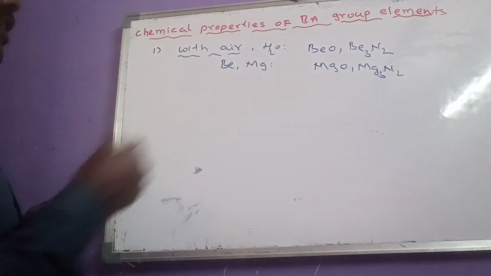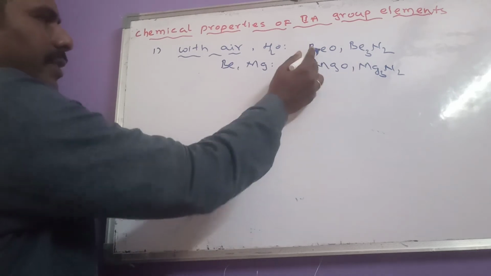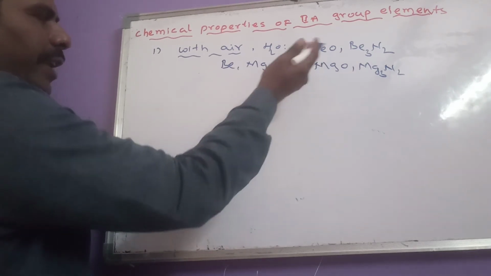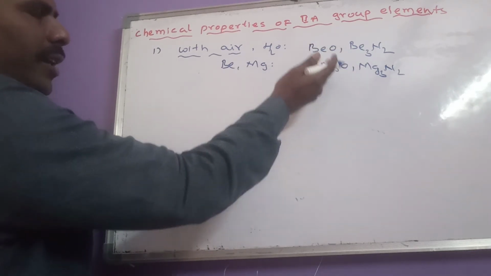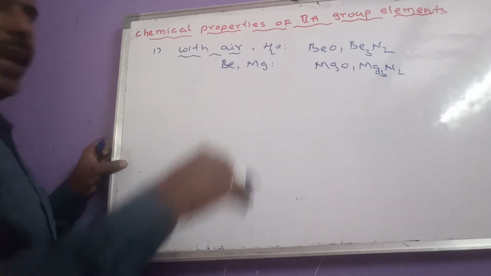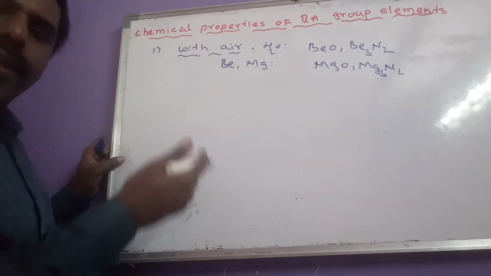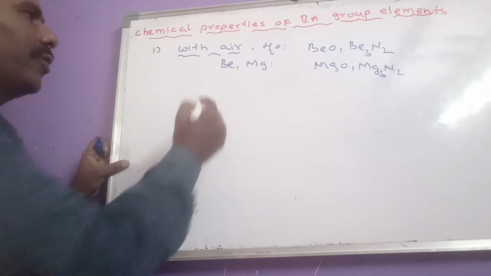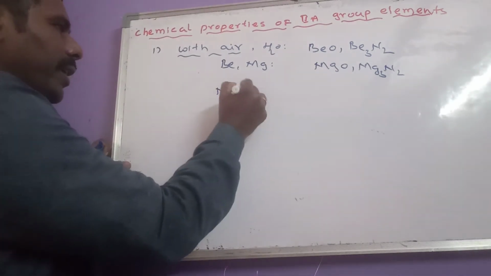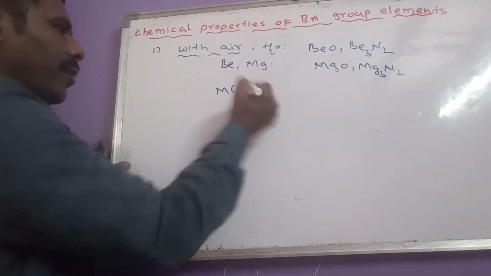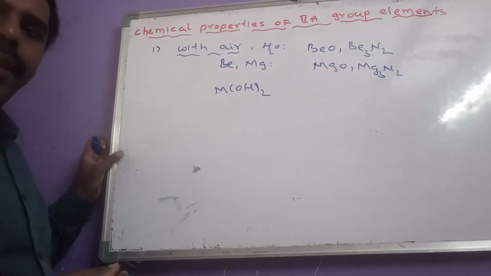And another one here, whenever alkaline earth metal oxides react with water, or even alkaline earth metals react with water, they give hydroxides with formula M(OH)2.